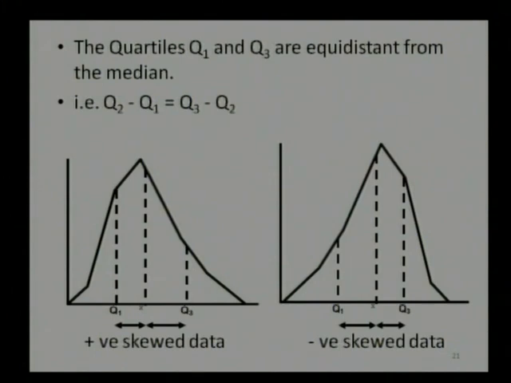It is given in the figure that your quartile Q2 will be quite near Q1 in the case of positive skewed data. On the other hand, if you have negative skewed data, your Q2 will be quite near Q3. It means that in the case of non-normal data, the distances of Q1 and Q3 from Q2 are never the same.